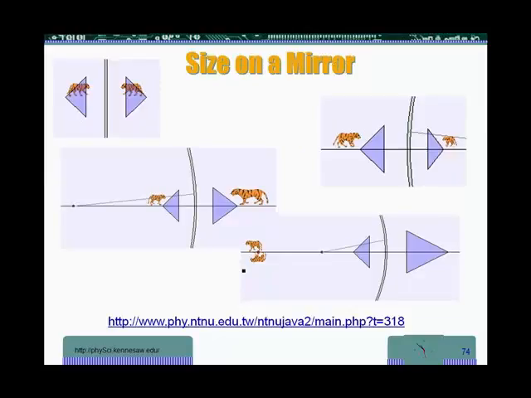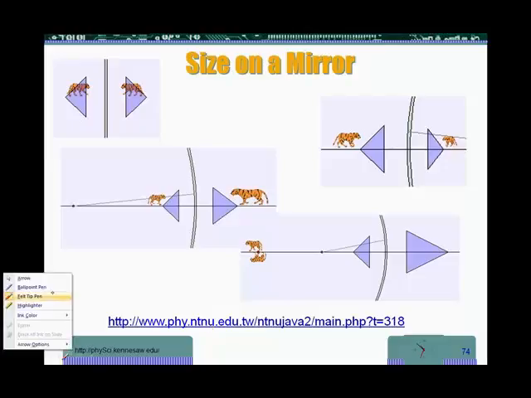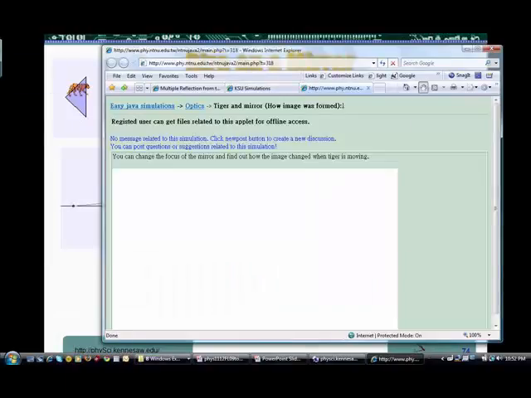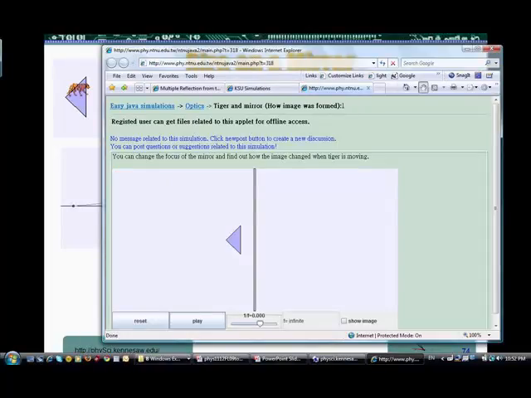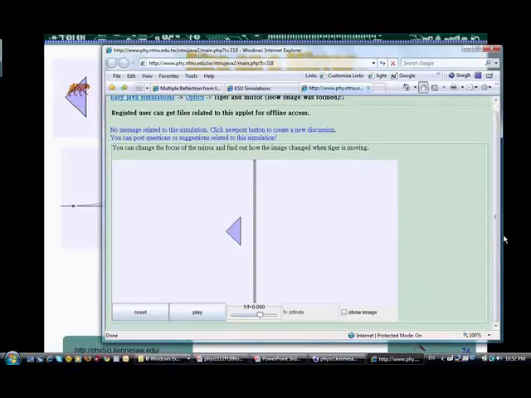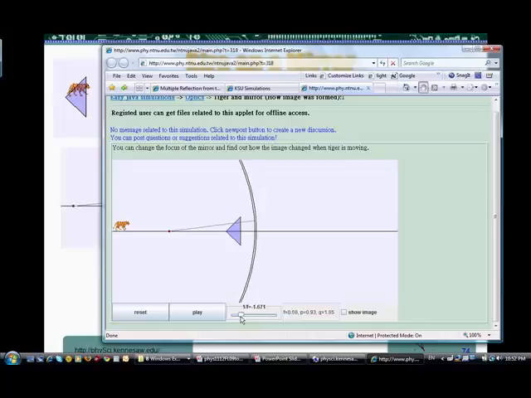Now, going back to this simulation that we played with before, I have a concave mirror like this.